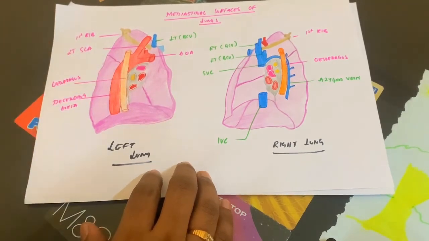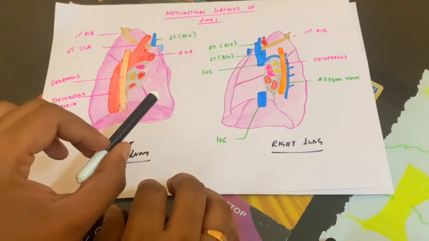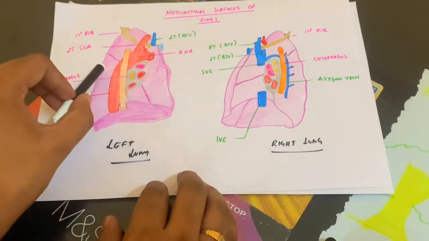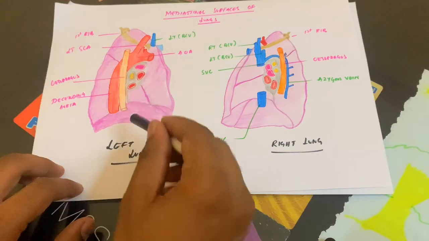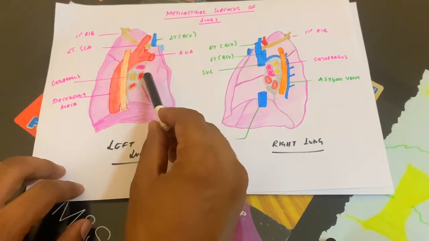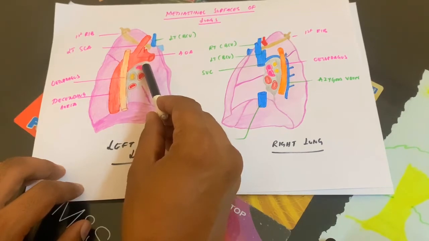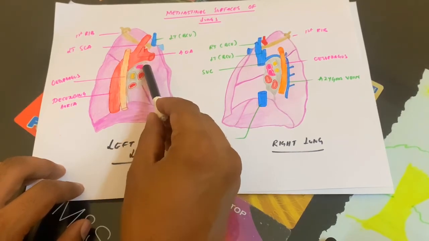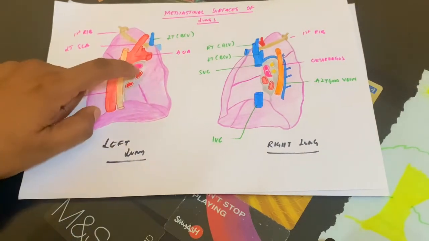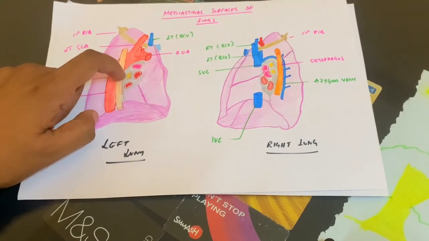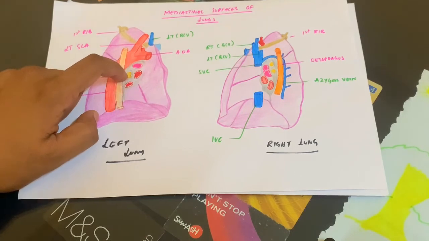The same way, when you see the structures from before backwards, from anterior to posterior, first we will have the pulmonary vein, then the pulmonary artery, then the bronchus. So vein, artery, bronchus.